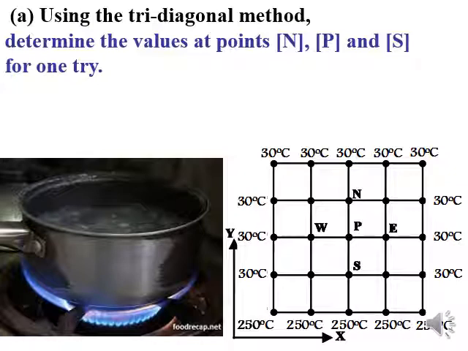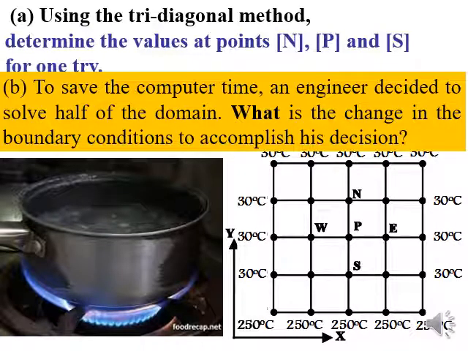So we are dealing with points N and P and S. So these are the unknowns involved when we consider the vertical line across which conduction will take place, considering that the eastern and western points should be at known conditions, so that we can solve the linear equations.